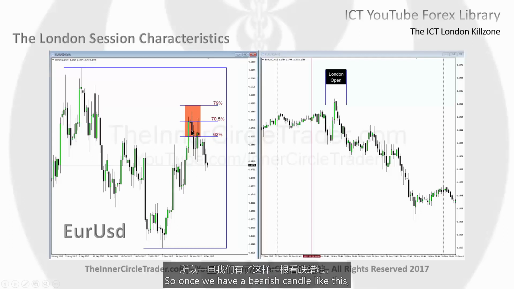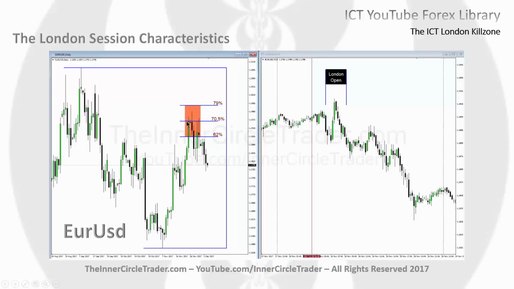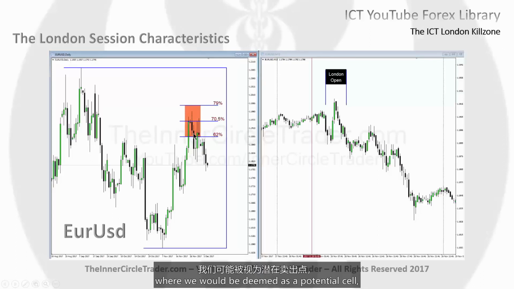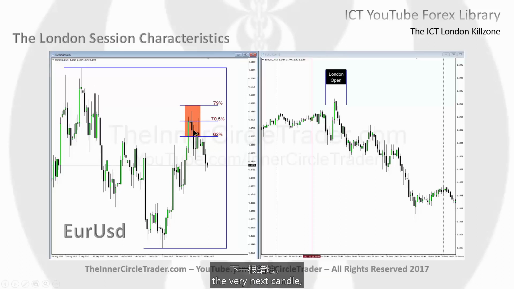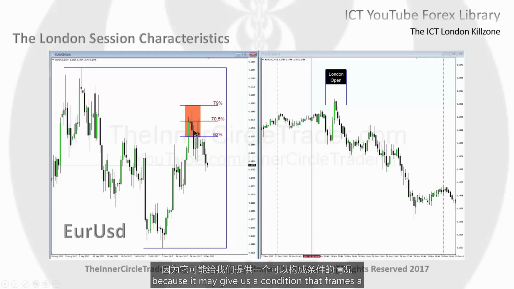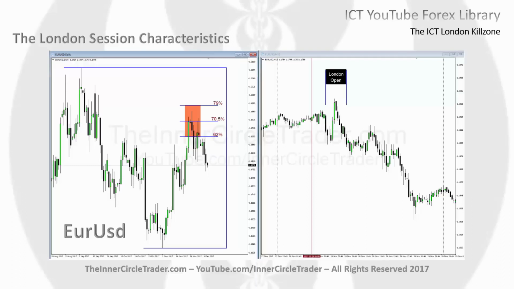Okay, so once we have a bearish candle like this, and we're inside the area of optimal trade entry for a sell, or what would be deemed as a potential sell, the very next candle, we want to study that because it may give us a condition that frames a power 3 formation with a down close relative to the daily chart.